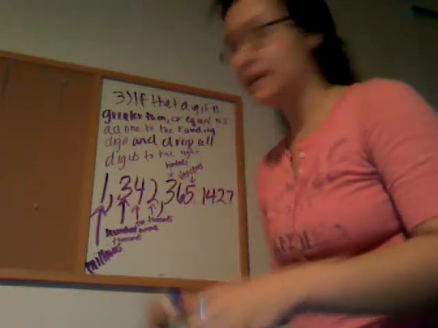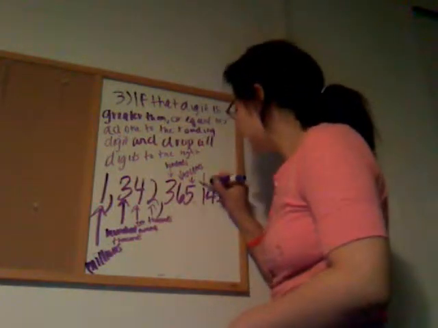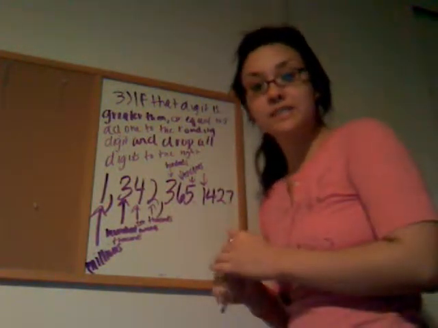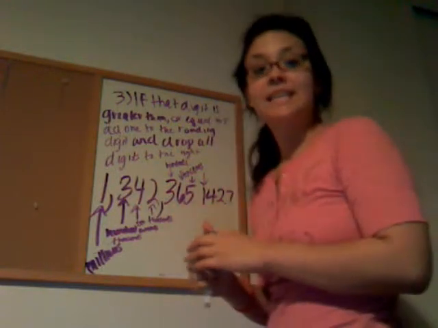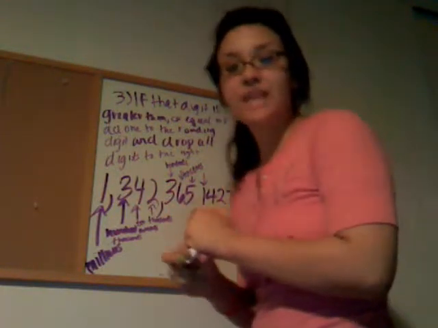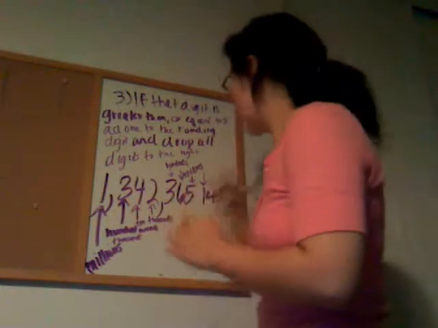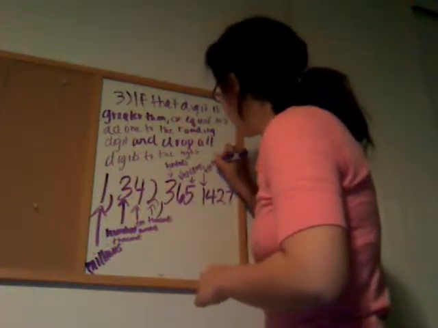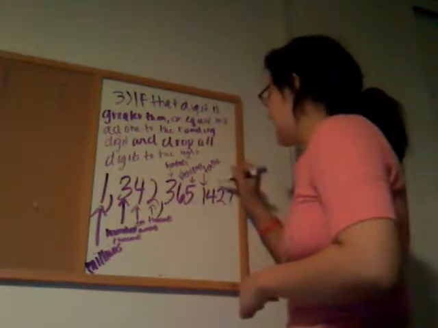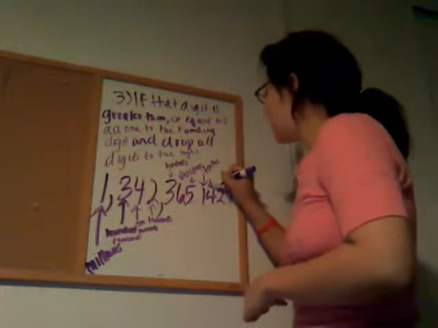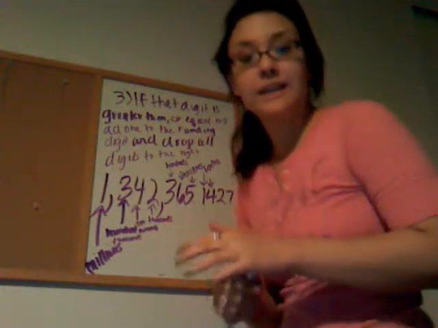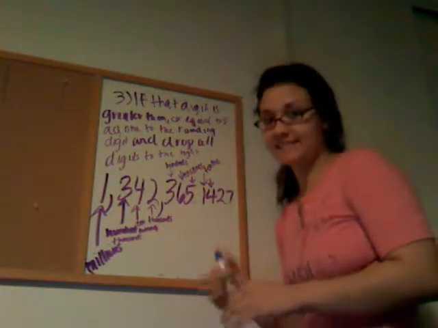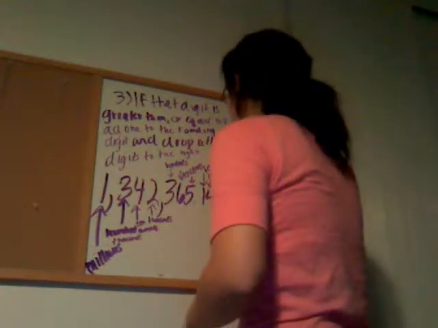And so now we're going to go to the 1. What is this spot called? Right, this is actually the tenths place. So let's label that one the tenths place. And this 4, what is this 4? It's in the hundredths place. So let's go ahead and label that one.